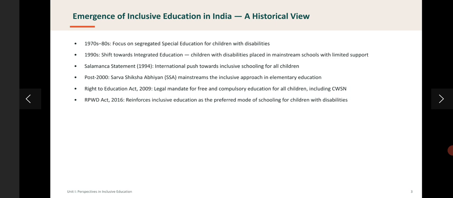So the pre-independence era consists of Vedic and medieval. In the Vedic era, rishis and gurus believed in the theory of karma. In the medieval era, Lord Buddha and Mahavira advocated humane treatment to the disabled persons. Their follower kings like Ashoka and Harshvardhan also supported it and got fame for it.